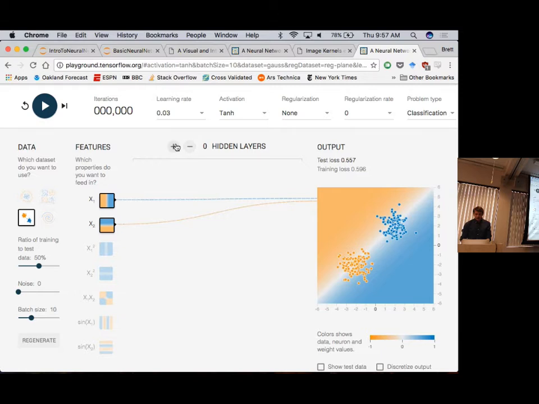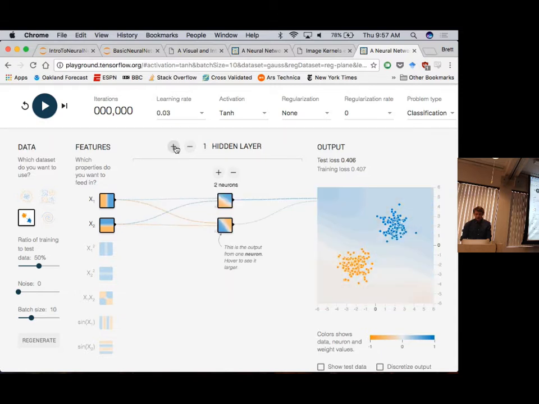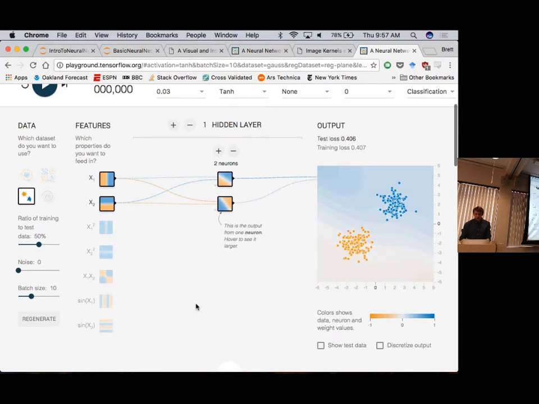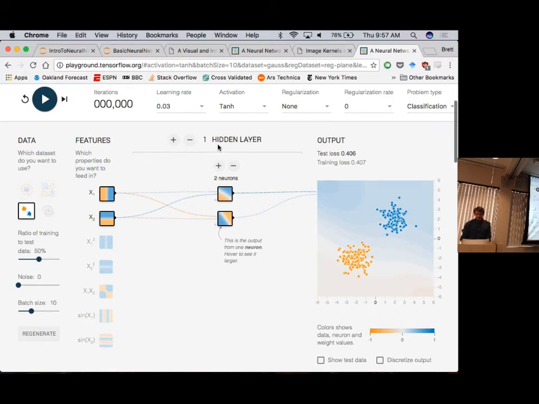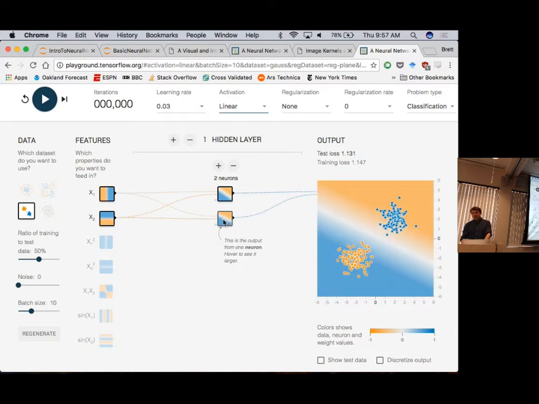I'm going to do the simplest possible problem here, which is I have 2 very obviously linearly separable data sets, and I want to train a linear classifier to distinguish between them. I'm not even going to use any activation function. I'm just going to take these inputs, multiply by some weights, and get some outputs.